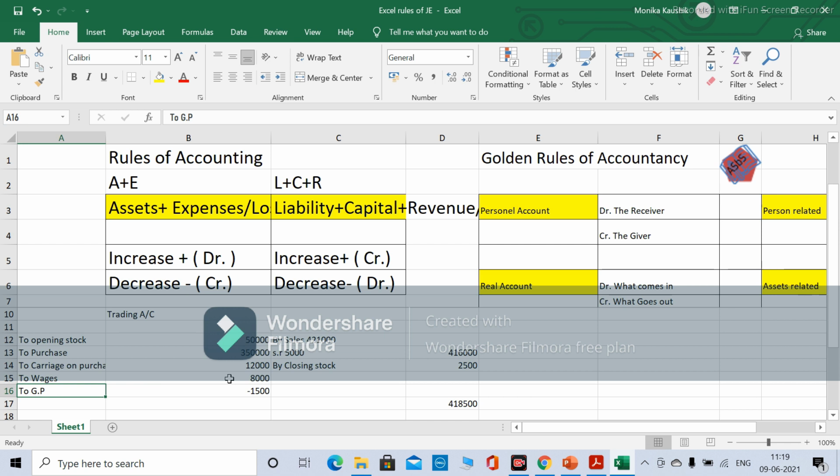So this is a negative. Okay, it means this will be my gross loss. In this case, by gross loss, this will be my gross loss. It means all the expenses are more than the revenues. If expenses are more than the revenues, or the debit side is more than the credit side, then we will get the gross loss.